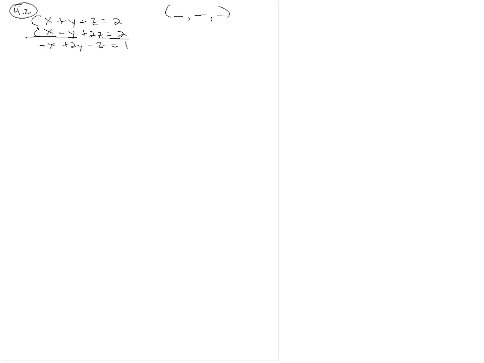Now, in order to eliminate the x's, remember elimination was you add them together and then they disappear. Right now, I have a 1x and a 1x, they won't eliminate. But if I were to multiply one of these by negative 1, then they would eliminate, okay? So this becomes negative x, negative y, negative z, and negative 2.